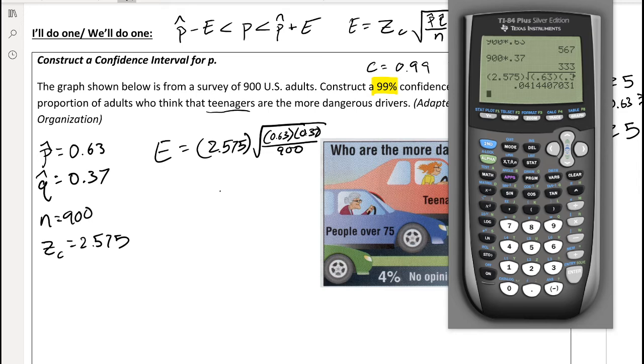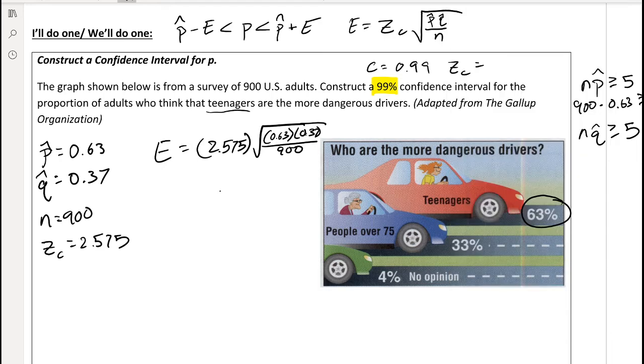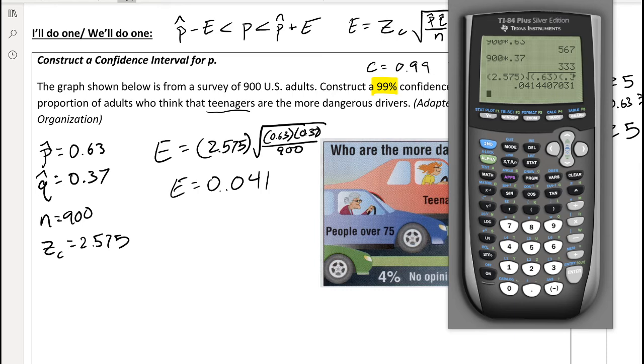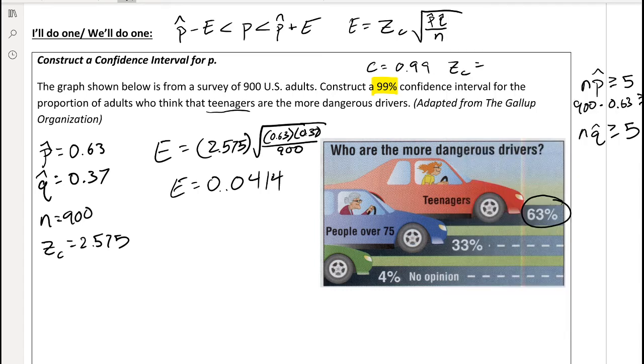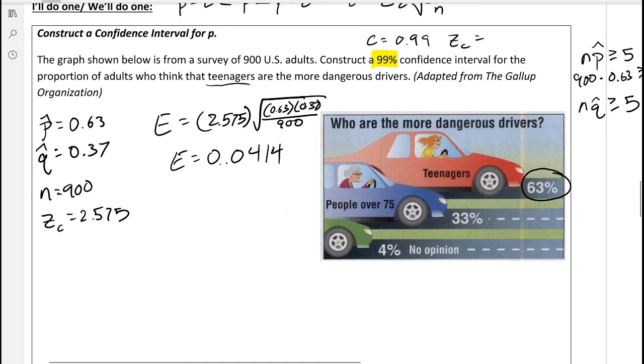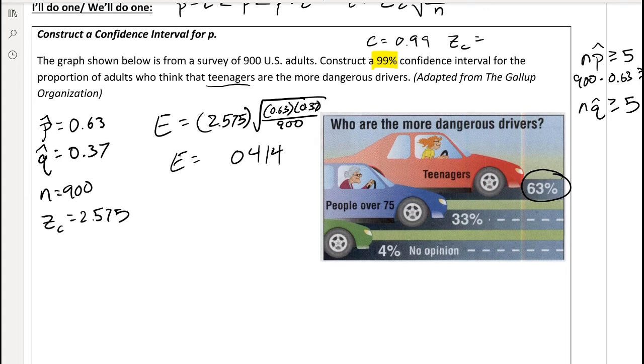Let's go. I'm going to go ahead and write that out. 0.041. Might as well get to the fourth decimal place, and that's going to be a 4. So that's my margin of error.